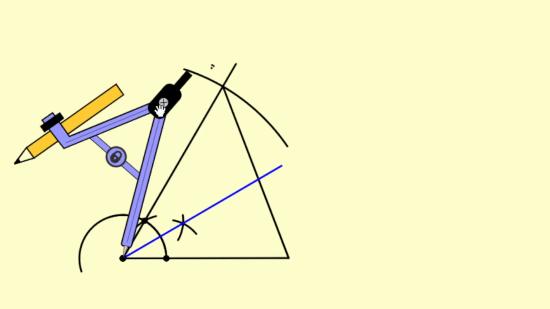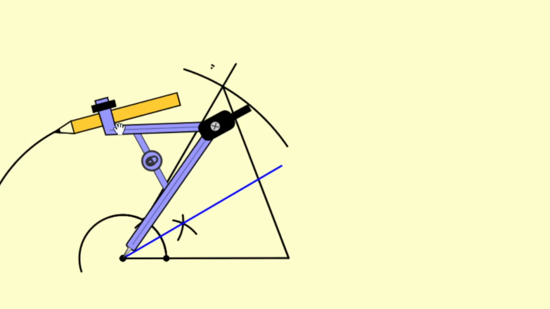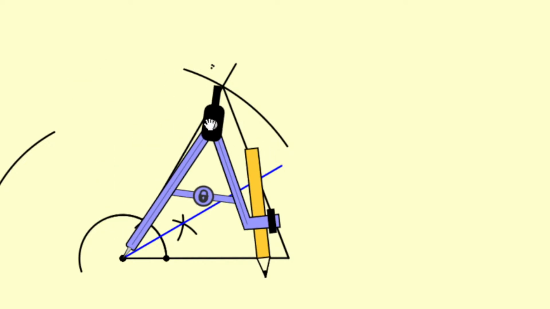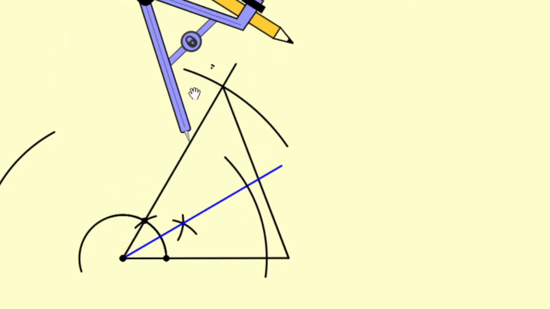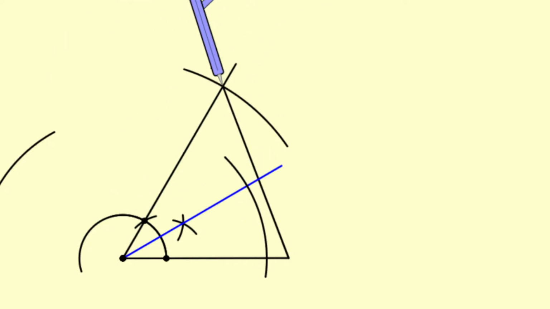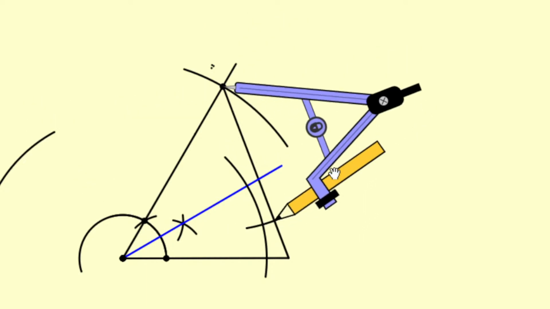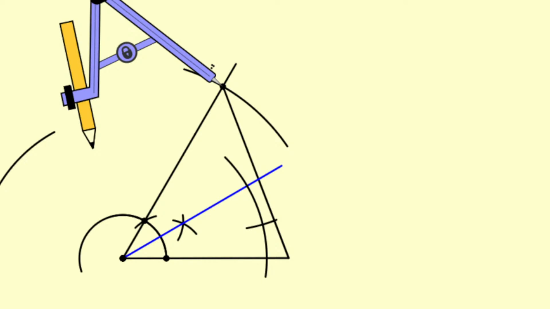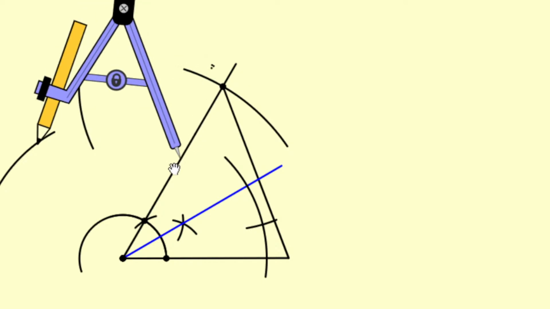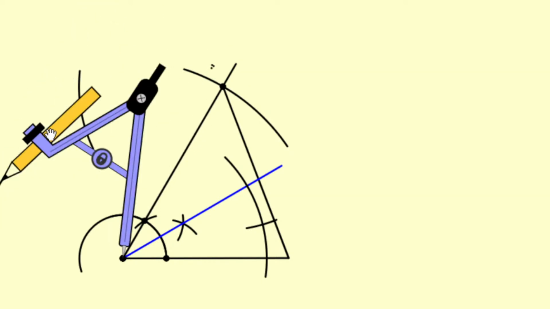One arc at the upside, one arc at the lower side of this line AB, and I'll keep the compass at the other end, now at point A. One arc at the lower side, one arc at the upside. The arcs are not meeting, so I'll just extend my previous arc.